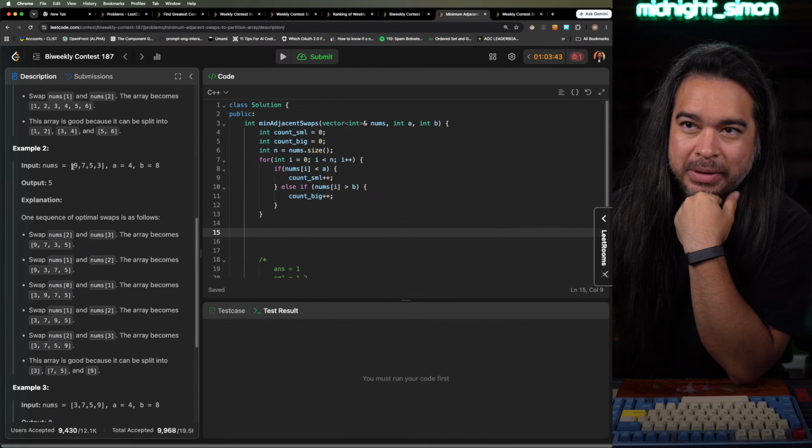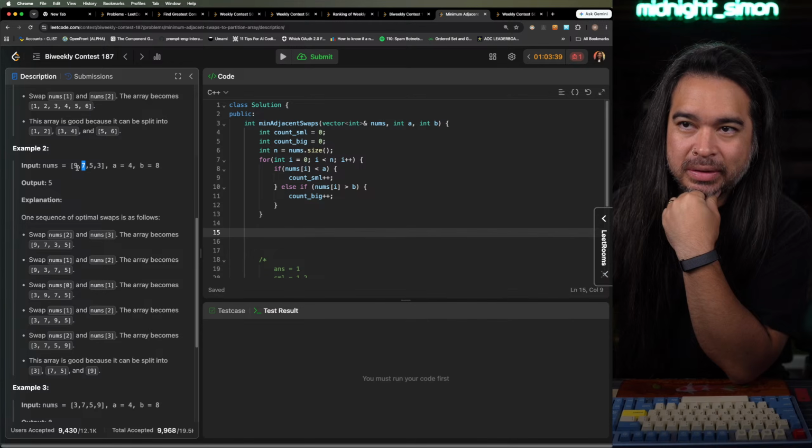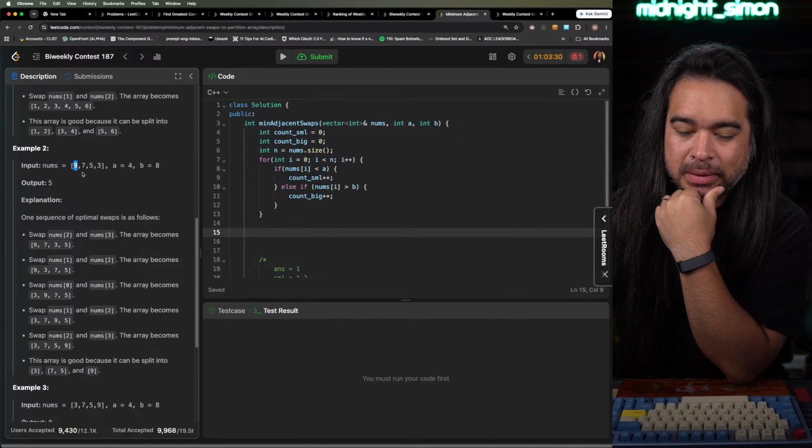I guess my problem is like in example 2, when we swap the 9 and the 7, or I guess when we move the 3 all the way to the beginning, the 9 moves out too, you know.